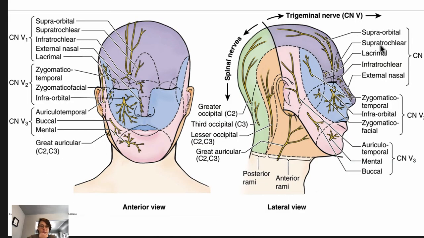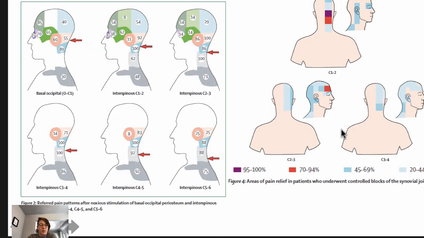You can see C2 nerve root here in green, the C3 nerve root coming out here, but equating to this area, I believe. And then the trigeminal nerve, all 3 branches, we'll talk about that. So the referred pain pattern there is on the left of the various cervical spine levels.